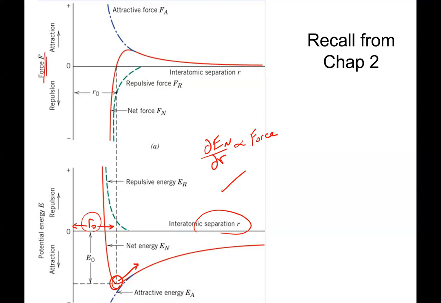Okay? And if we take a look at the slope down here at our equilibrium position, you can see the slope is 0. So on our force curve, you can see we end up with 0 here. So this equilibrium value we had in the energy curve, the other way to think about it is that that's the location where the sum of the forces is equal to 0.